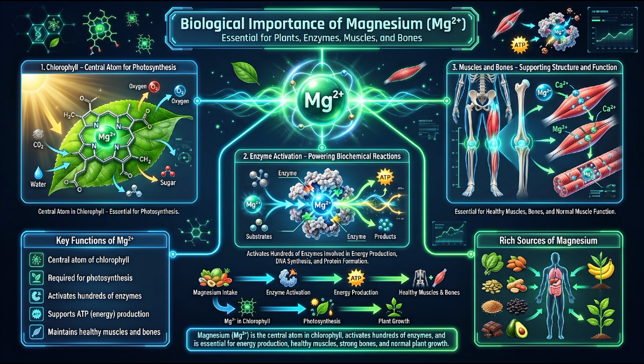It activates hundreds of enzymes involved in metabolism, supports ATP-dependent energy production, strengthens bones and teeth, regulates muscle contraction and relaxation, maintains healthy nerve function, supports cardiovascular health, and contributes to normal cellular activities throughout the body. Because of its indispensable role in both plants and animals, magnesium is considered one of the most biologically important s-block elements and is essential for sustaining life on Earth.